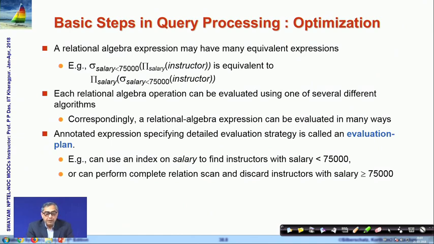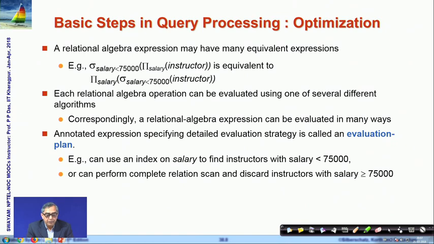So, we know that given a query there could be multiple relational algebra expressions, and the operations in a relational algebra expression can also be evaluated using one or more different algorithms. So, given a SQL query, you have different possible equivalent relational algebra expressions, and for every expression, you have different strategies and algorithms to execute and evaluate it.